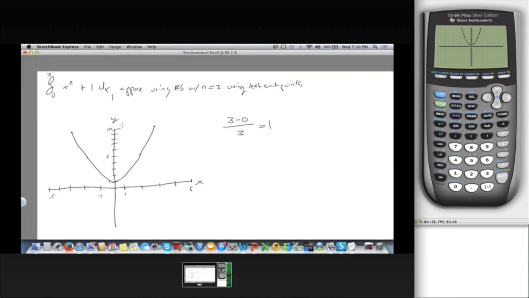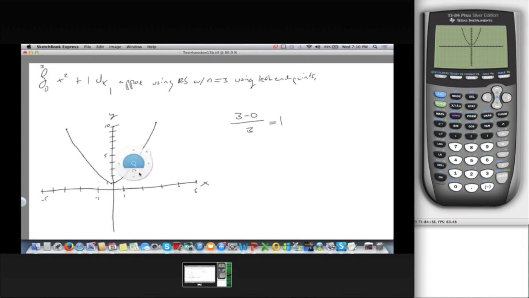Definite integral, approximate using a Riemann sum, n equals 3 left endpoints from 0 to 3. Oh, I didn't even need to draw this. Okay.